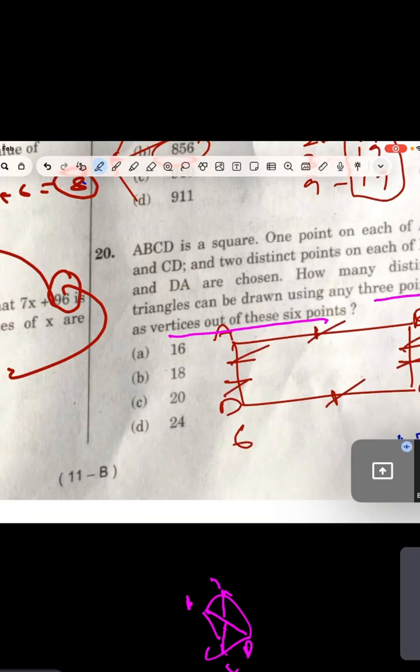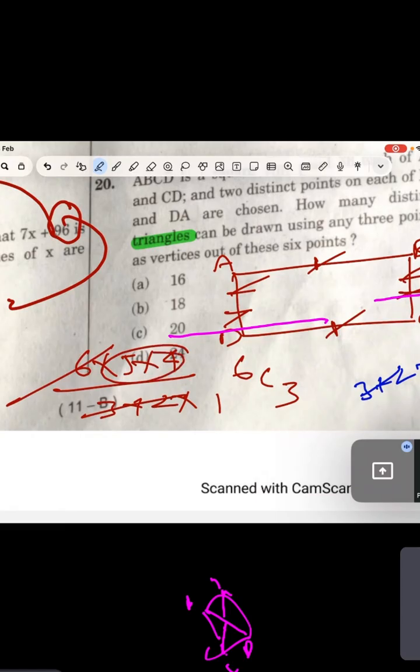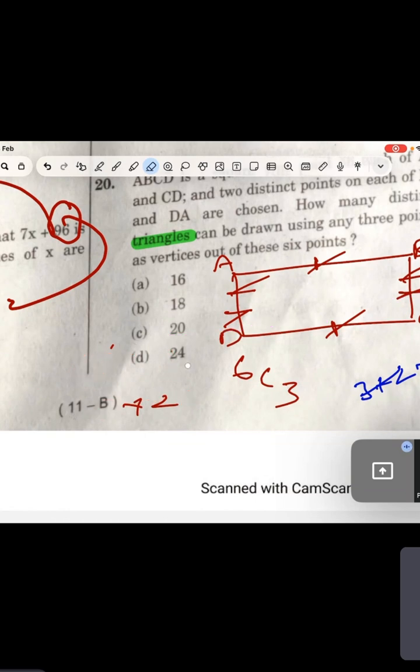And we have to form triangles. A triangle has 3 vertices, so 6C3, which is 6 times 5 times 4 divided by 6, so 20. 20 is the answer. Easiest question, I think.